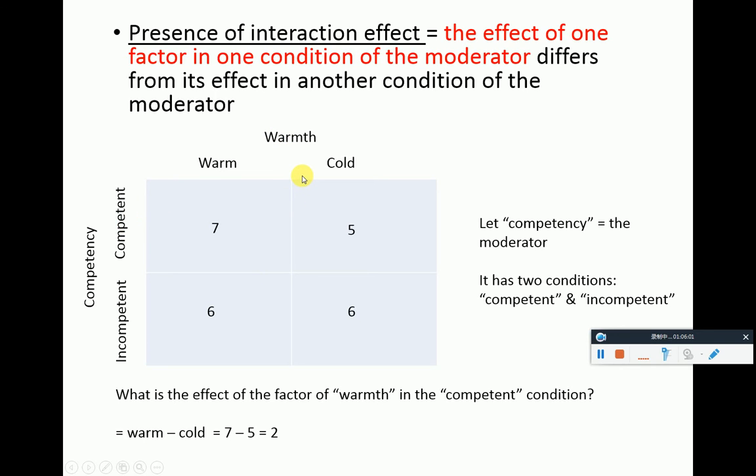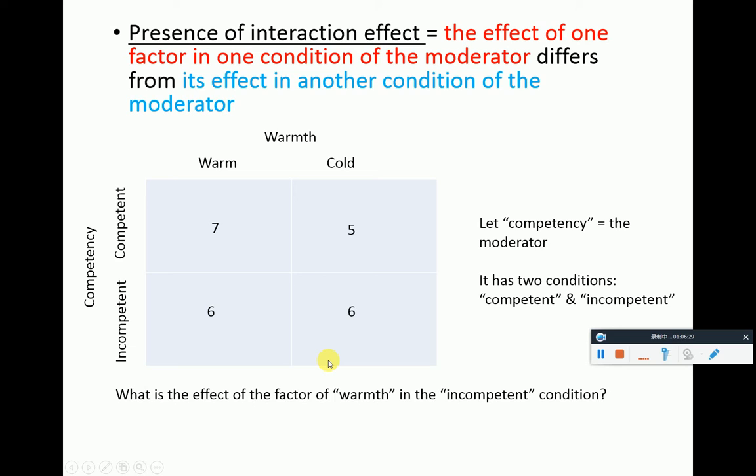In other words, there is a difference in his perceived friendliness when he is described as competent, with regard to the warmth manipulation. So warm minus cold, 7 minus 5, when Aaron is competent is 2. There is indeed an effect because there's a positive score here.